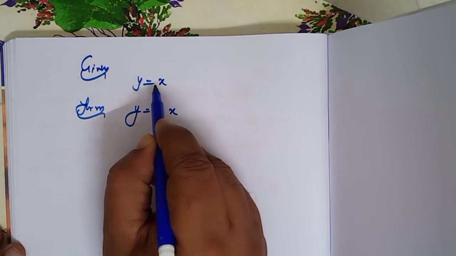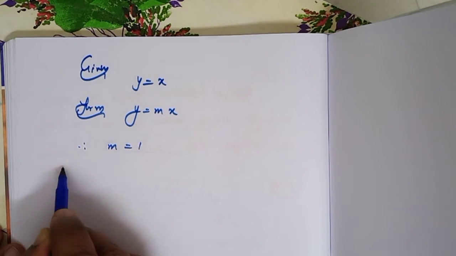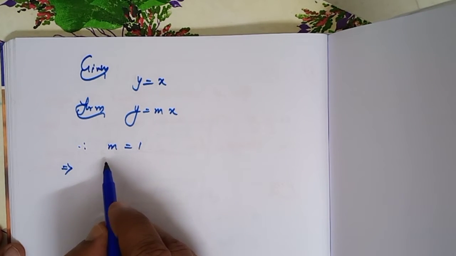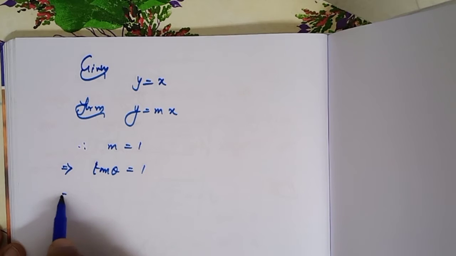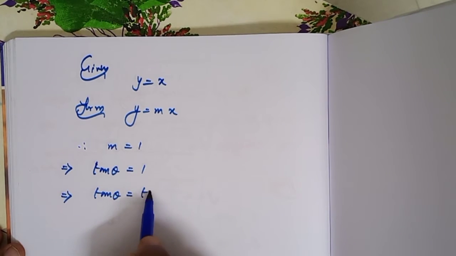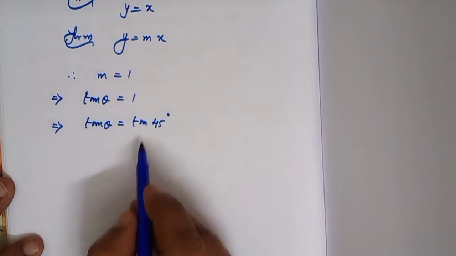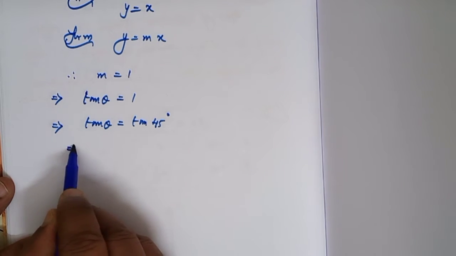Here the coefficient of x is 1. Therefore, m equals 1. m represents slope. That slope can be replaced by tan theta. Tan theta equals 1, and 1 can be replaced by tan 45 degrees, because tan 45 degrees is 1. Now you can compare these two: theta equals 45 degrees.